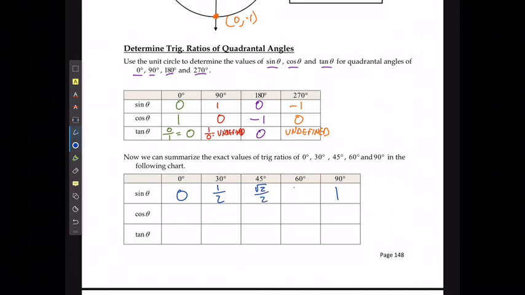And at 60, it's going to be root 3 over 2. The nice thing to remember in here is that the denominator is always 2 in these points in between, and the numerator just goes up, 1, 2, 3. Just remembering that the square root of 1 would just be 1.